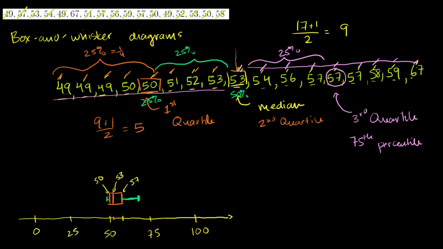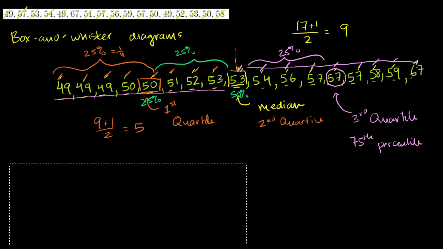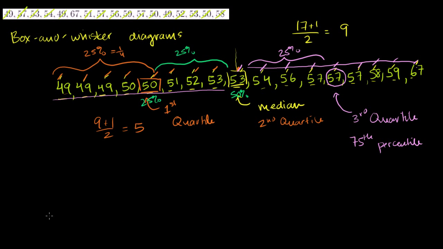Now let me draw this one a little bit. Let me zoom in a little bit because I realize that this is a little bit all squished up. So let me draw it a little bit nicer. So let me change my scale a little bit.